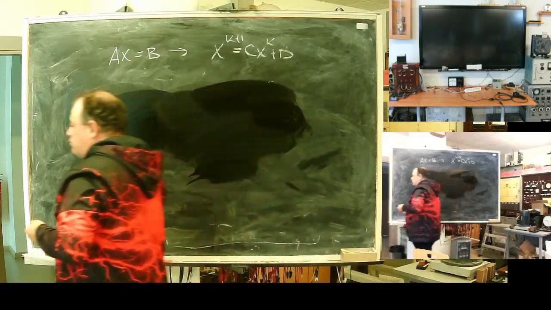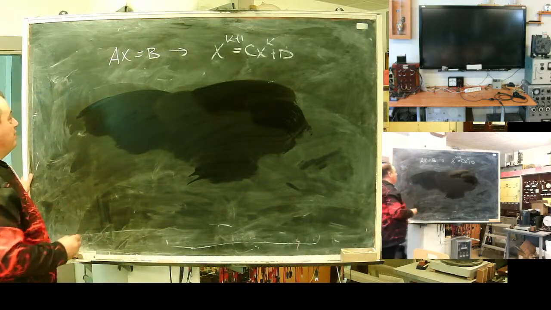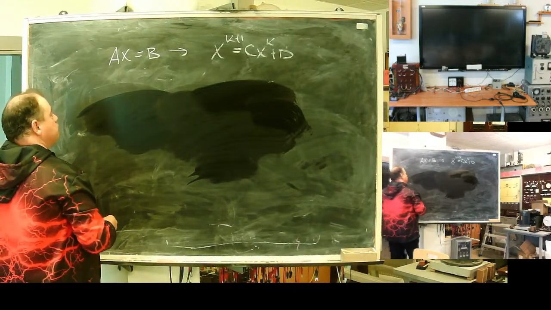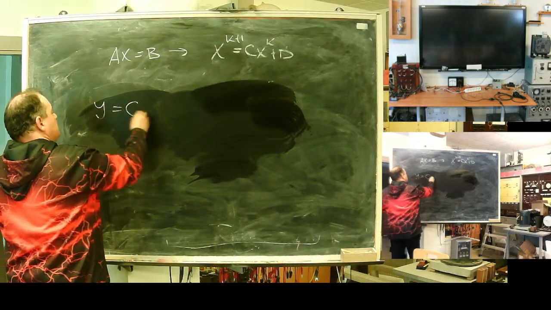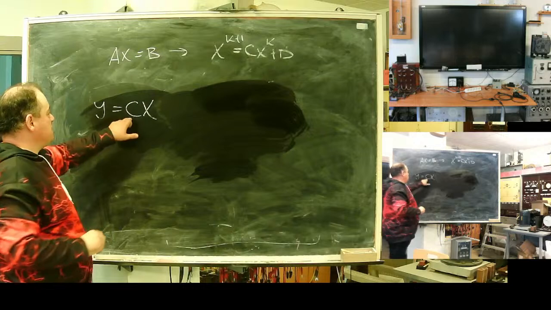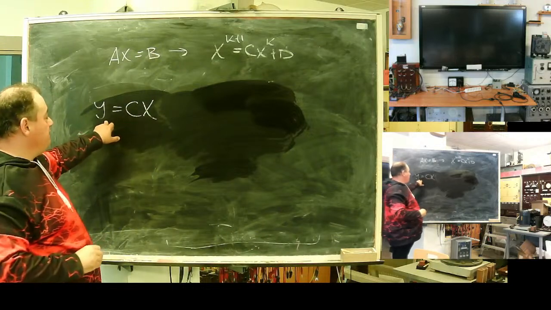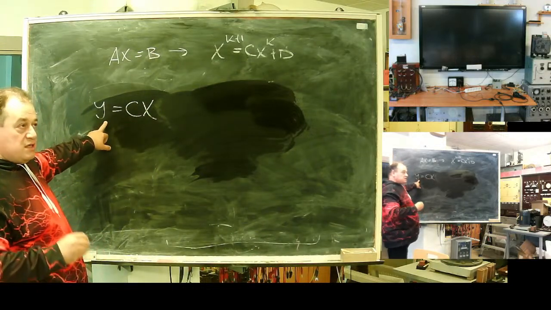There is one trick in math. Let's say I have y equals Cx. This is a matrix, this is a vector, this is a vector.